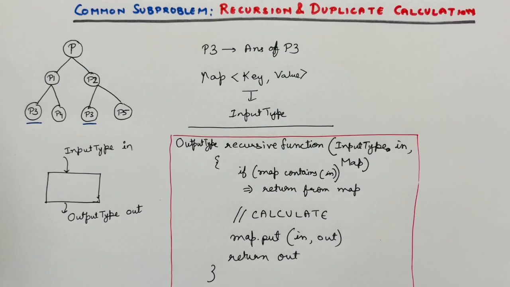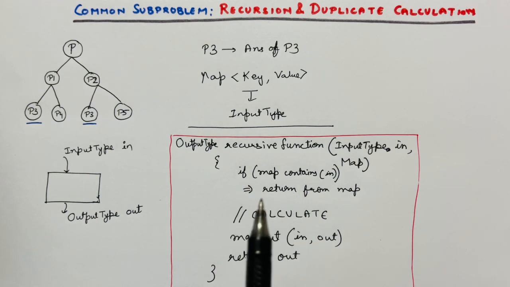How will we use this map in our recursive call? It is simple: in our recursive function, now in addition to the input, we will also pass the map. Then before calculating for input, we will first see if we have already calculated for it. That means we'll check in our map if the answer for this input already exists.